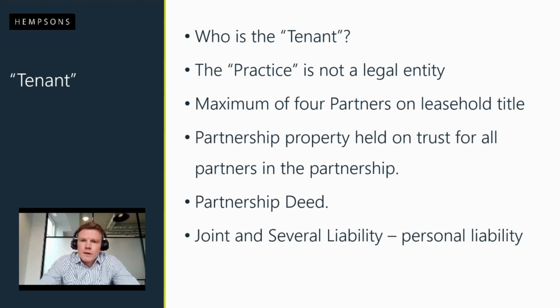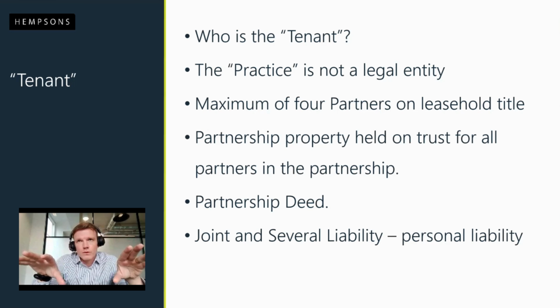And the named partners on that lease will hold it on trust for themselves and the other partners in the practice. And then what will happen is, although the lease itself is limited to say 3 or 4 names, the partnership deed held separately will document the fact that the lease liabilities are shared between the partners, between all partners.